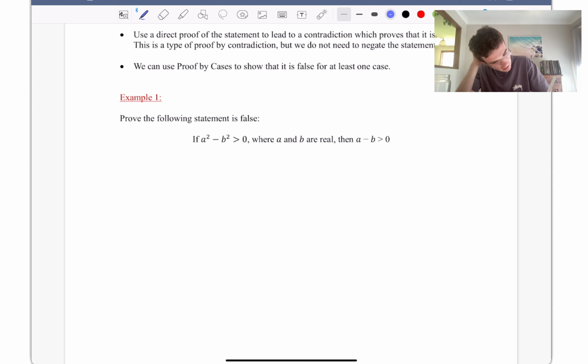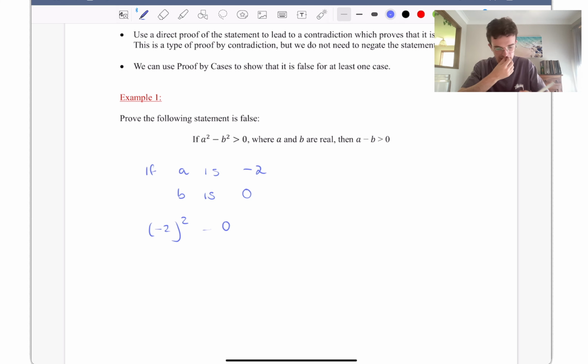So I reckon if a is minus 2 and b is 0, then we know that minus 2 squared minus 0 is equal to 4 minus 0, which is greater than 0.